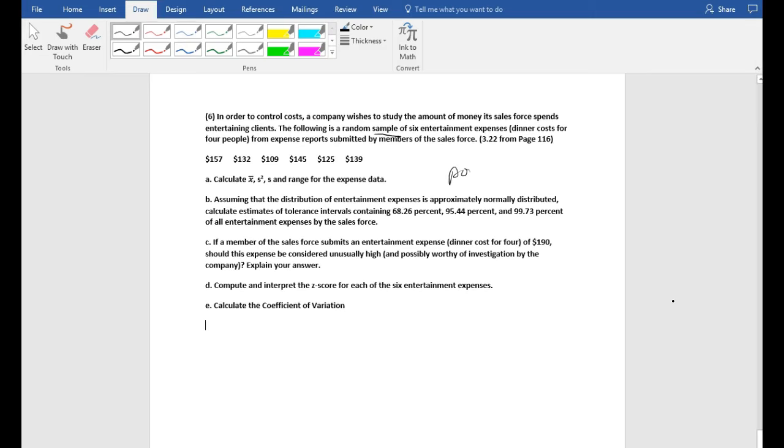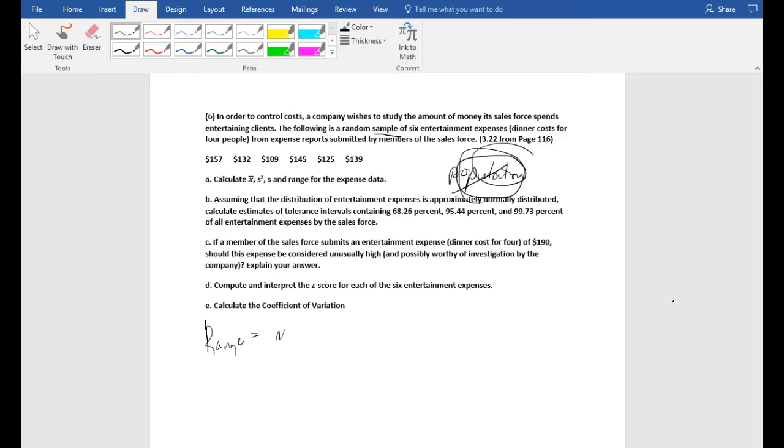Okay, so this is how we'll start. One thing that we can calculate on this sheet is the range. Range is always the real easy one.